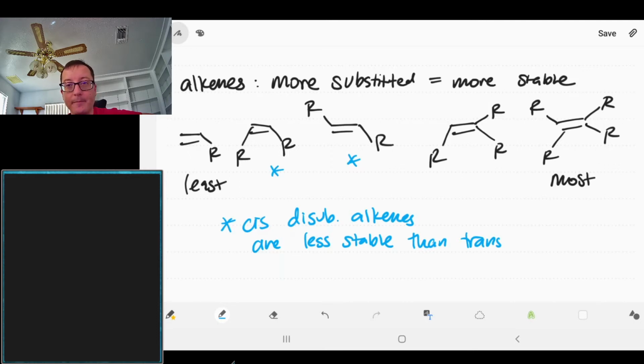Alrighty. If we want to talk about naming alkenes, because why not? We've learned so much about naming other groups. Let's talk about naming alkenes.